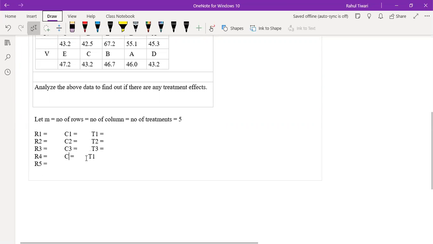So we have this one 4, this one 4, and the last one we have 5. So in this way, one is able to calculate all totals first, and then finally we have the grand total.